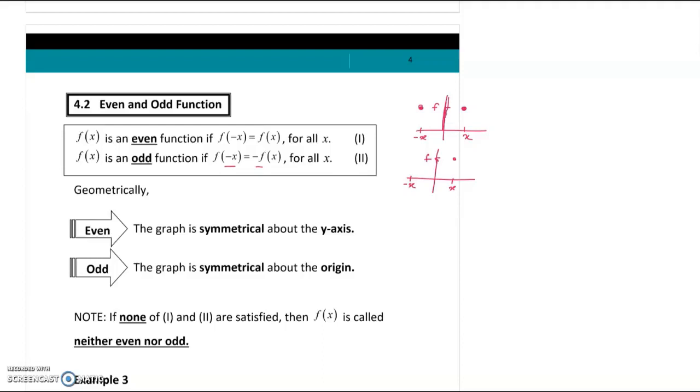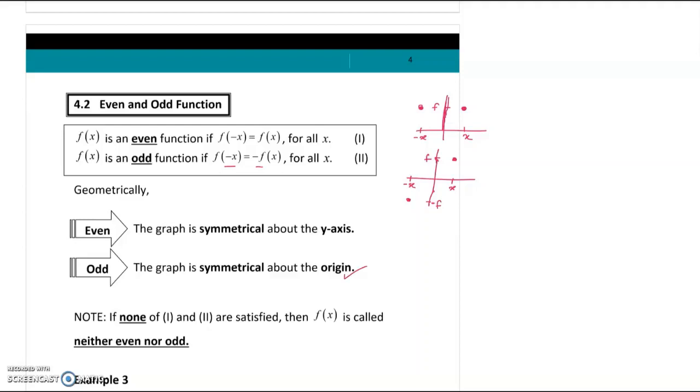So if this is your f(x), then the negative of f would be somewhere down here. So this is your negative f. Everything that you have here in the first quadrant will be reflected to the third quadrant. So in terms of the diagram, you can see it is symmetric about the origin.